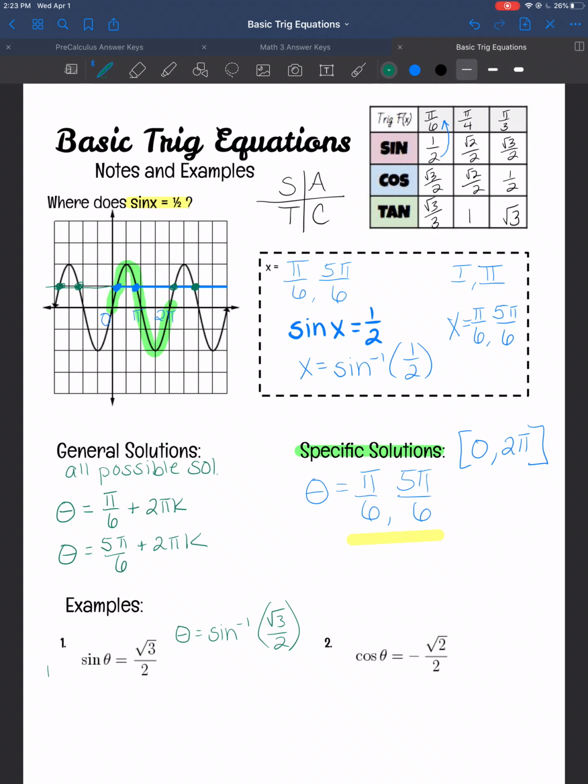So again, that is first and second. So I'm going to get two solutions. The first solution you can get out of your trig chart, just look for sine being equal to square root 3 over 2, and that happens at pi over 3. And then the second quadrant angle for pi over 3 is 2 pi over 3. So that's your second solution.